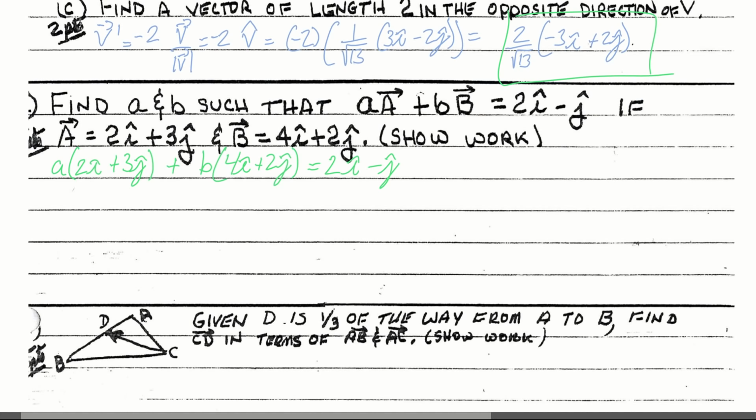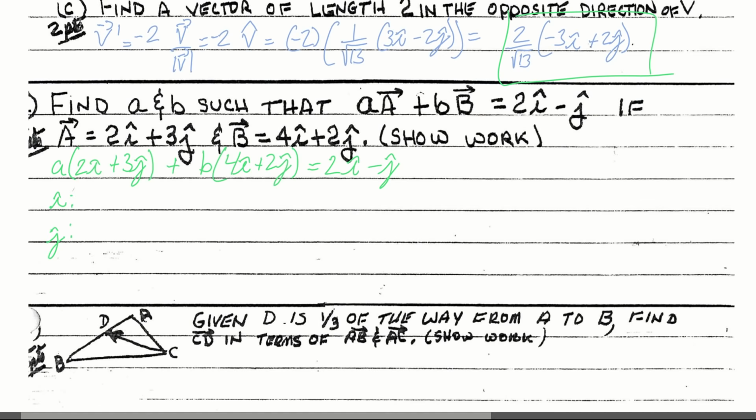So this is a similar process as from when we had to solve for x and yi. In this case, instead of separating it into real and imaginary, we're going to separate it into i and j equations. So we have an i equation and a j equation.